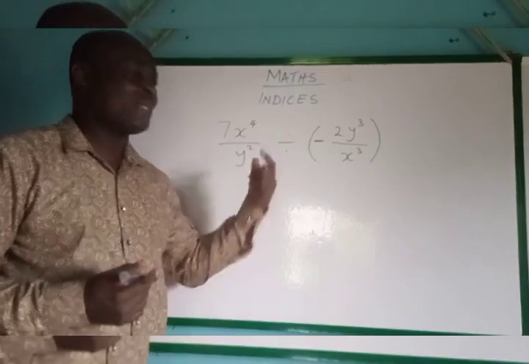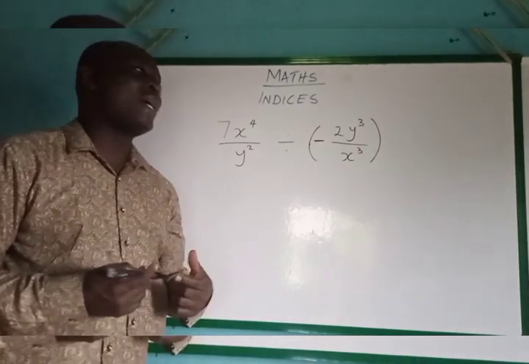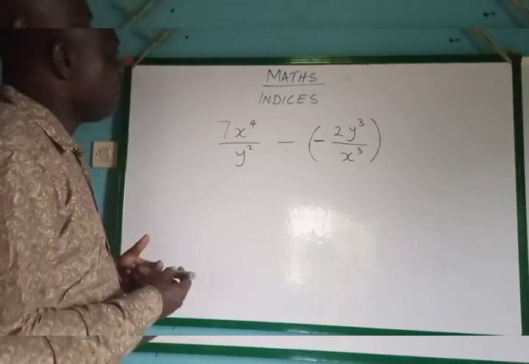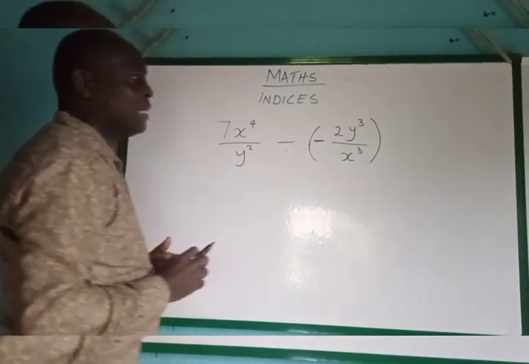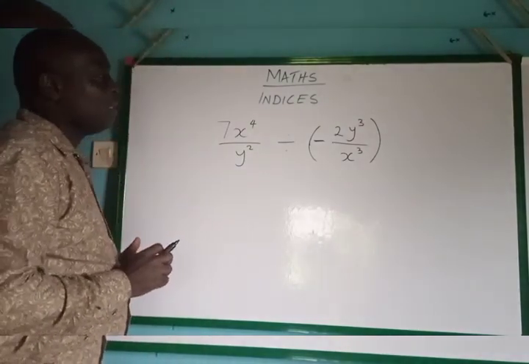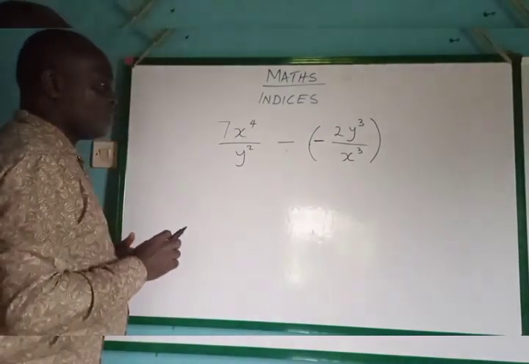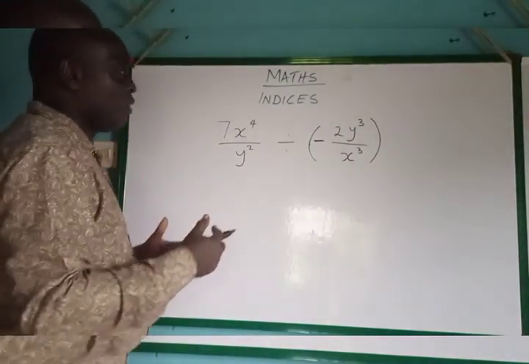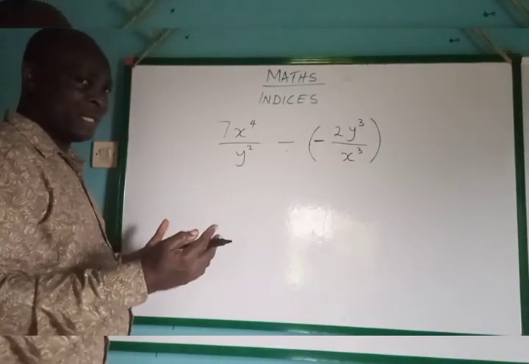So let us look at this topic now and see how we can simplify this. If you remember, this is a fraction and this is another fraction. So let us see, what do we do if you are having two fractions dividing themselves?